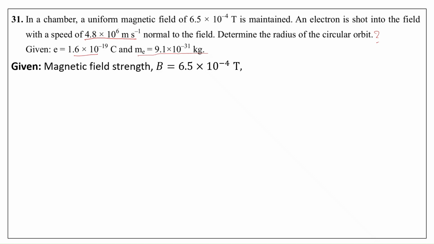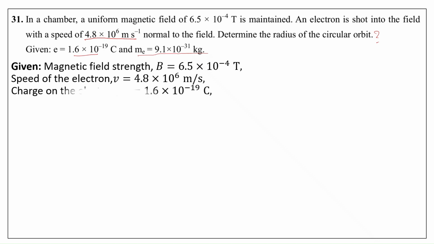Answer. Given. Magnetic field strength, B is equal to 6.5 into 10 to the power minus 4 Tesla. Speed of the electron, v is equal to 4.8 into 10 to the power 6 meter per second. Charge on the electron, e is equal to 1.6 into 10 to the power minus 19 coulomb.